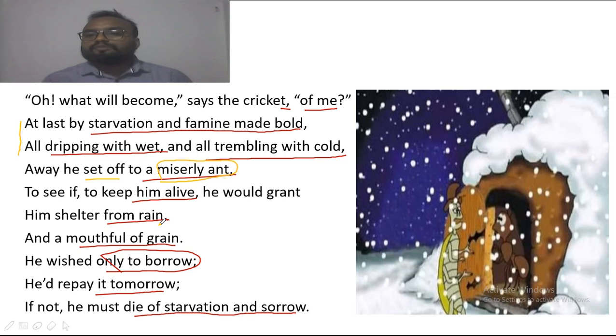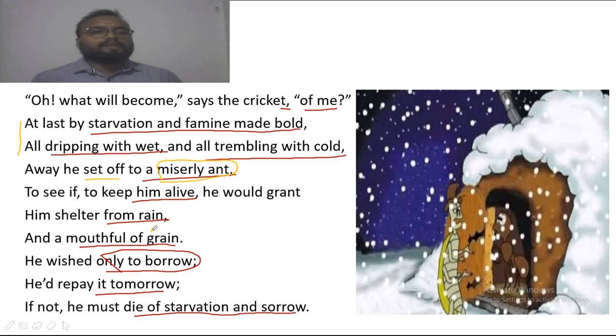So this cricket, he didn't even have a proper shelter, he didn't even have a proper house to live in, he had nothing to eat, he had nothing to wear to protect himself from the cold, and he didn't have a proper shelter. So he didn't have anything, while at the same time when he had time, when he could have worked for himself, at that time he was wasting his time, he was enjoying himself.